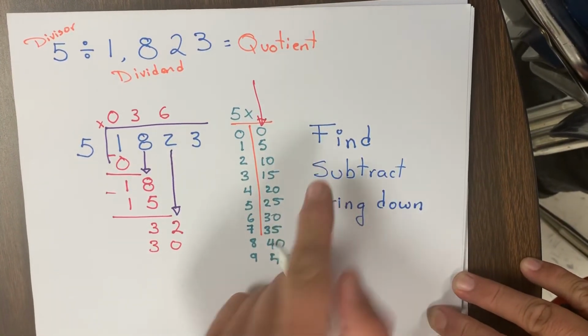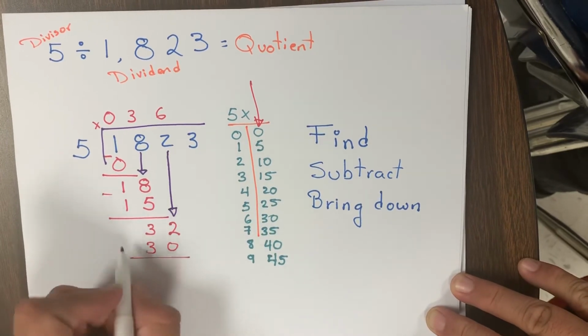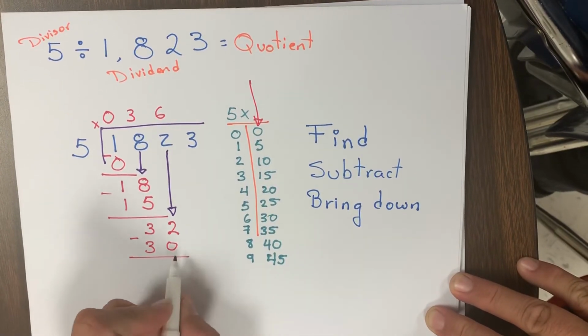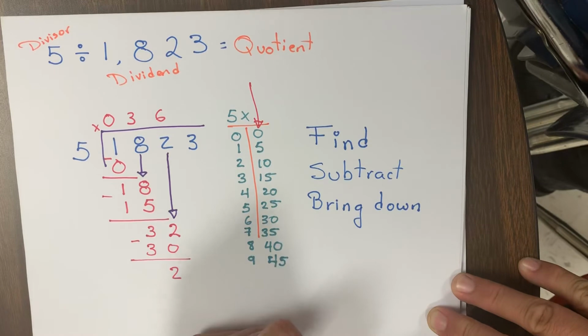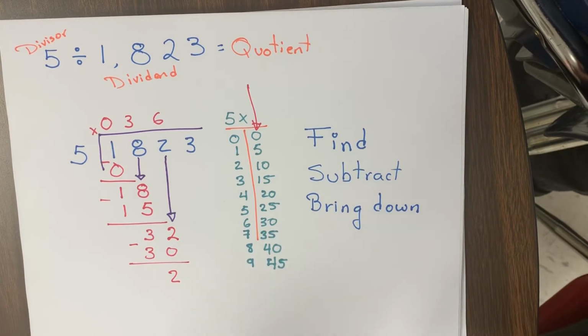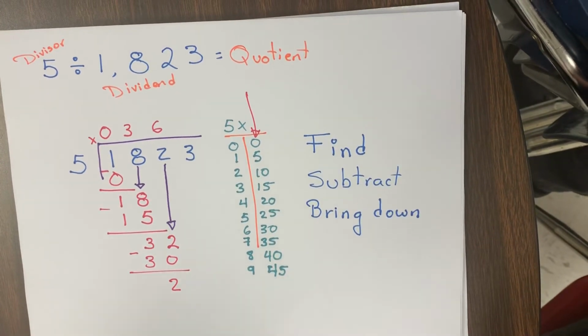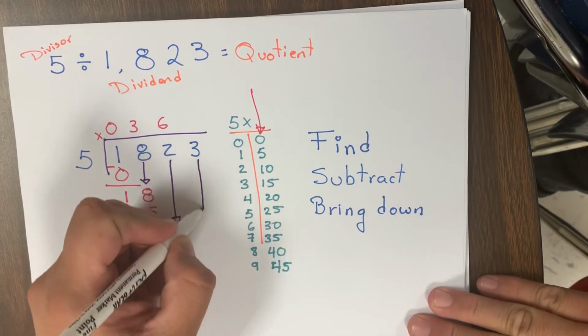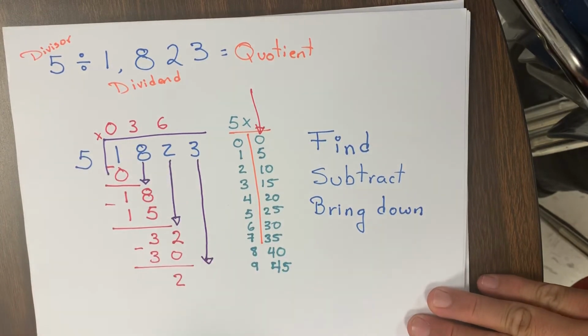Found, subtract. 32 and 30 are 2 apart. I'm done subtracting, and then I'm going to go back to bring down. So I'm going to bring down a lovely 3.